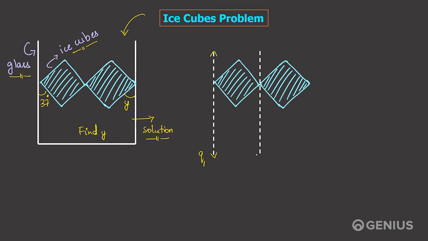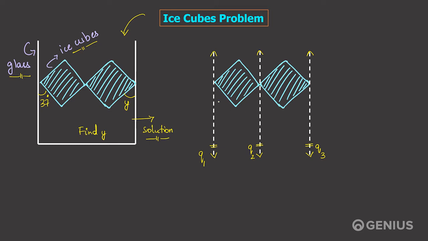Another line parallel to Q1 passing through the point where the two ice cubes touch each other, we will call Q2. The third line on the other side of the glass we will call Q3. So Q1, Q2 and Q3 are three lines that are parallel to each other.